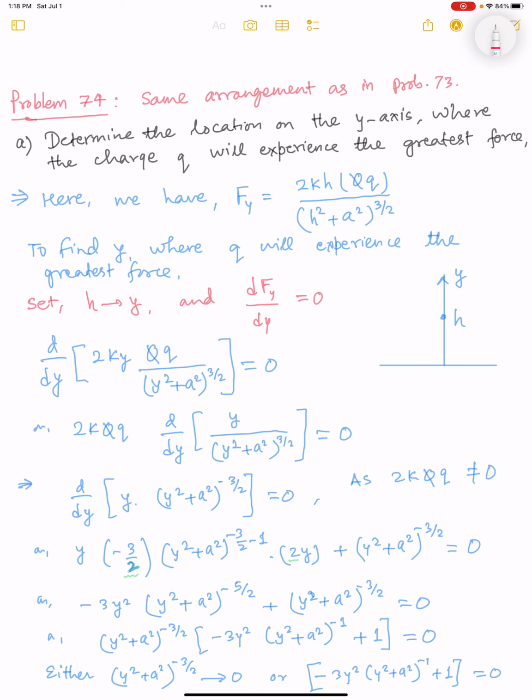Okay, let's try to solve problem number 74. For this problem, we have to rely on the same arrangement as in problem 73. We just have to estimate the location on the y-axis where the charge Q will experience the greatest force.